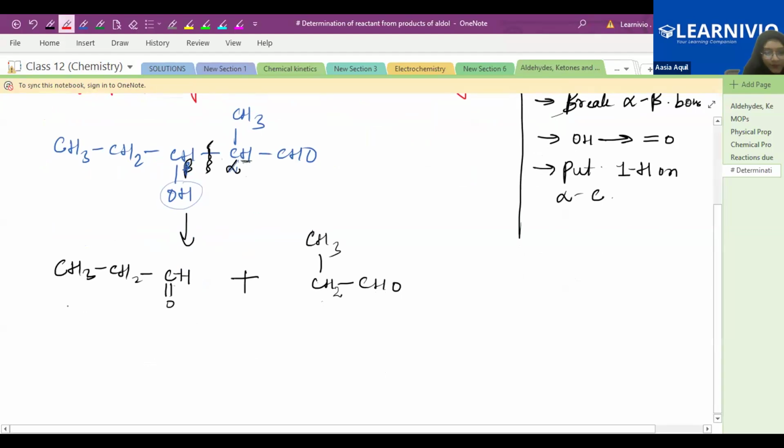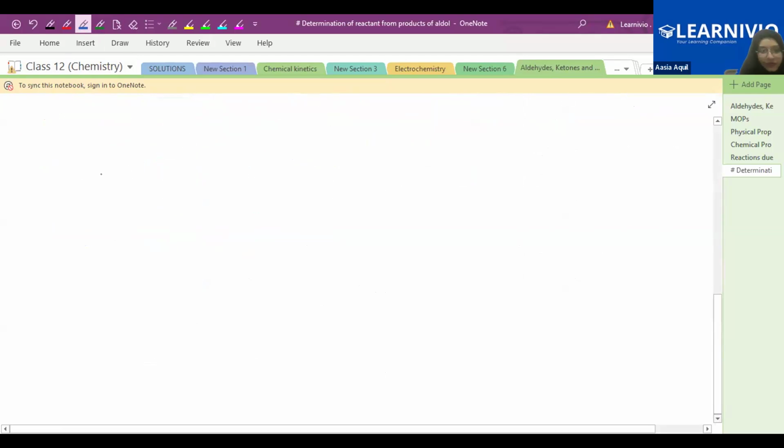Okay. So next question. Let me give you some questions. Let's check you understood the concept or not. Suppose first example मैं देती हूँ CH3 या CH2. Just do the same method. Use the same steps. This is the first one. Again you have to tell me the reactant.